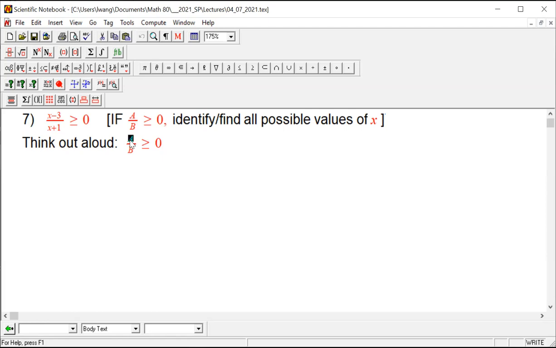When A is positive, B is positive, A divided by B is positive. When A is 0, B is not 0, A divided by B is 0. If A is negative, B is negative, negative divided by negative is positive. When A is 0, B is not 0, then this quotient will be 0.